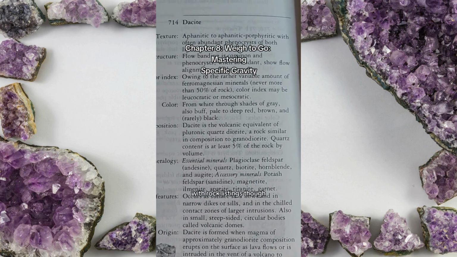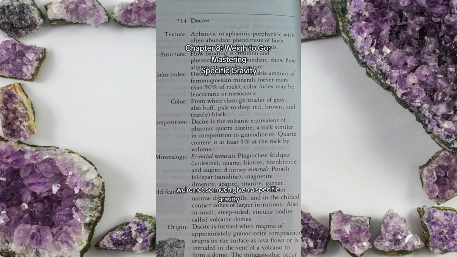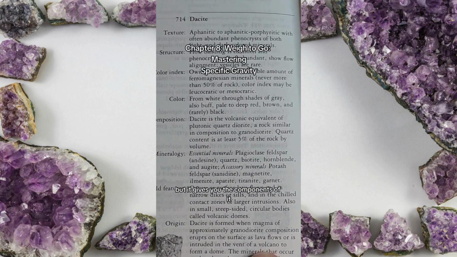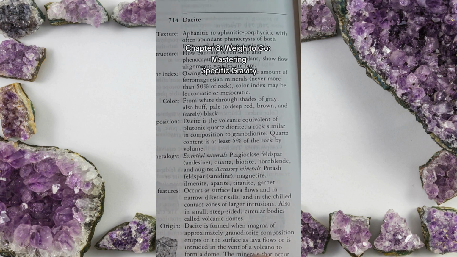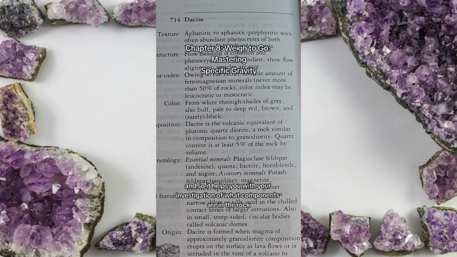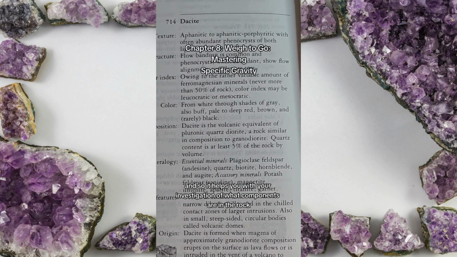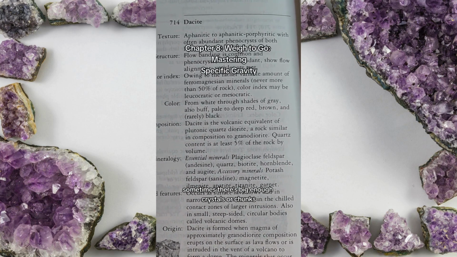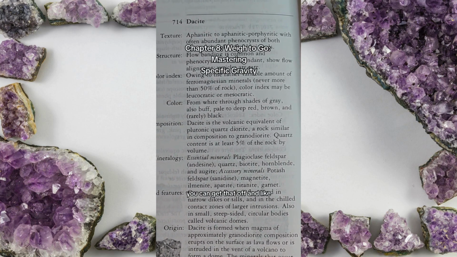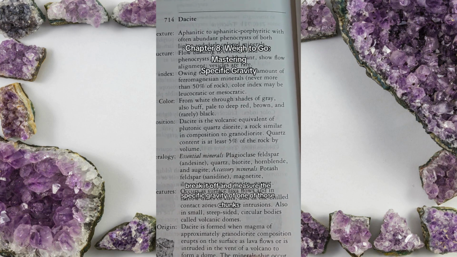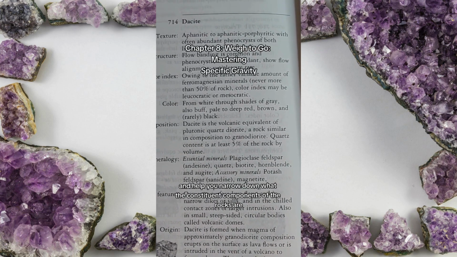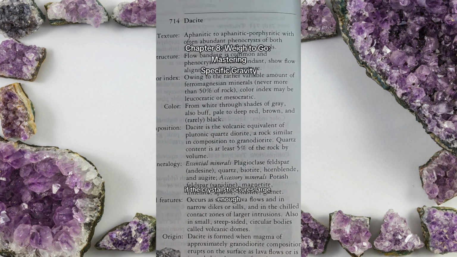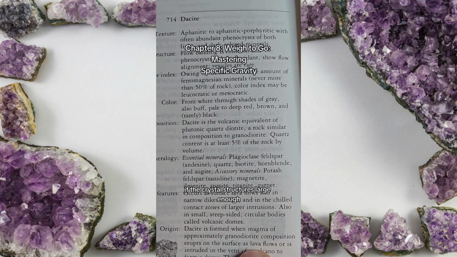With rock listings, though, we're not so much given a specific gravity, but it gives you the components of it. And so it helps you with your investigation of what components are in the rock. Sometimes there's big enough crystals or chunks that you can break it off and measure the specific gravity of one of those chunks and help you narrow down what the constituent components of the rock are, if the crystal structure is large enough.